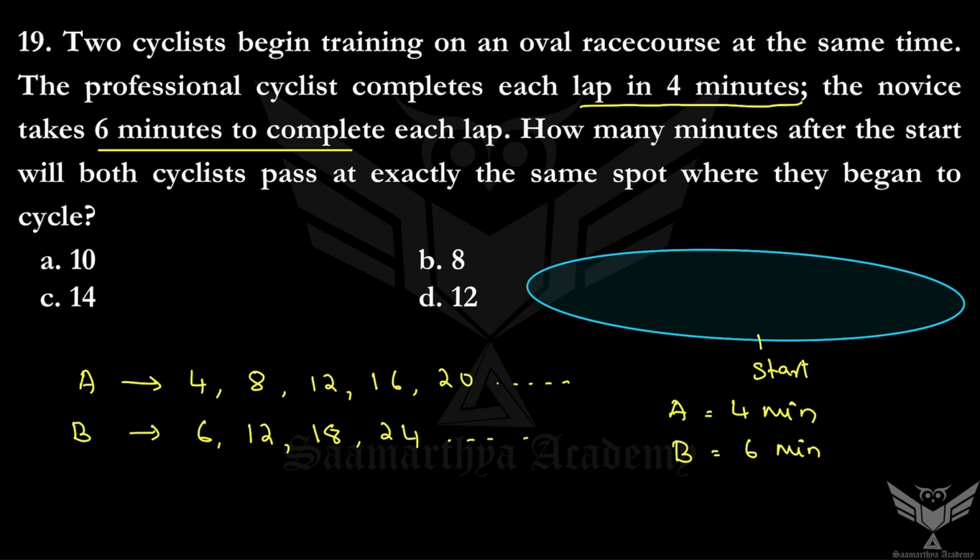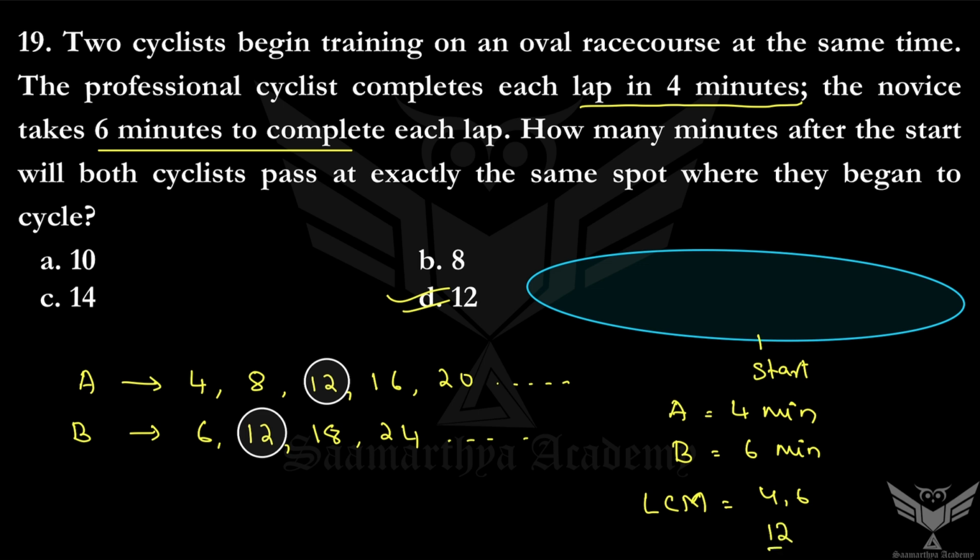Now clearly the very first common timing between those two people is 12. That's my answer. Or the simple way you can do is take the LCM of their timing, 4 and 6. That is 12. That's your answer.